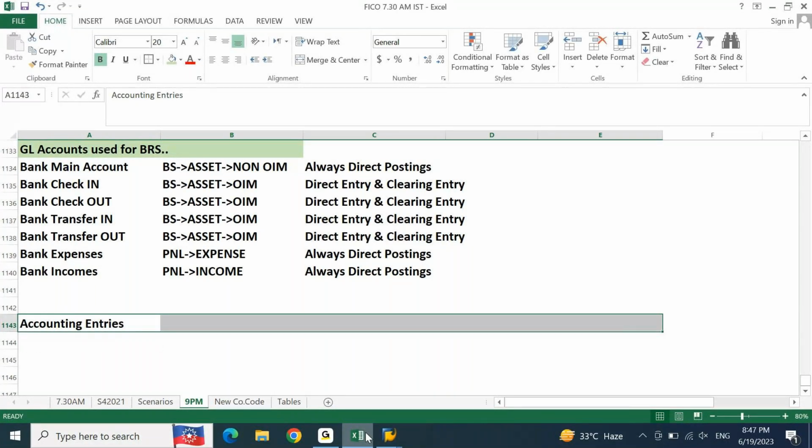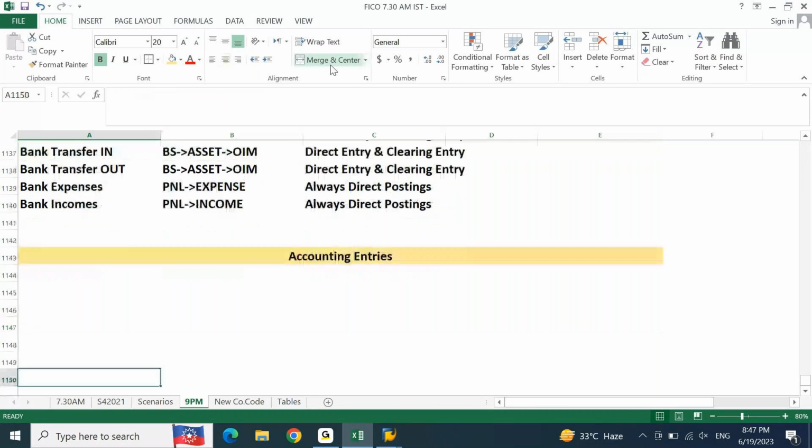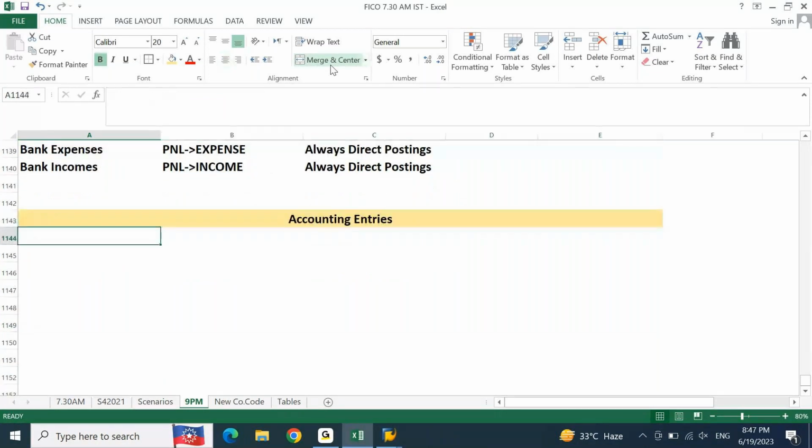These accounting entries, let's classify into two categories. First, I'll put original entry.